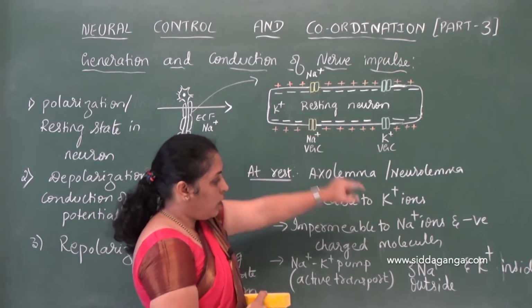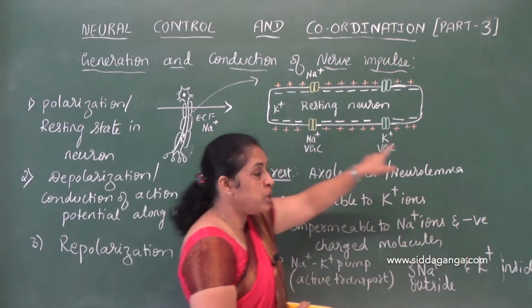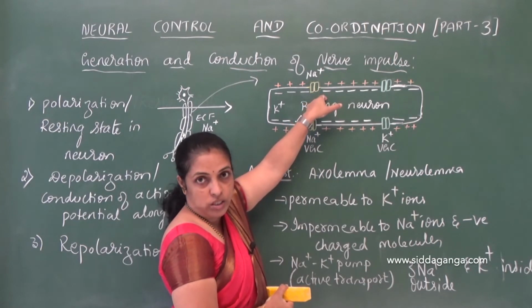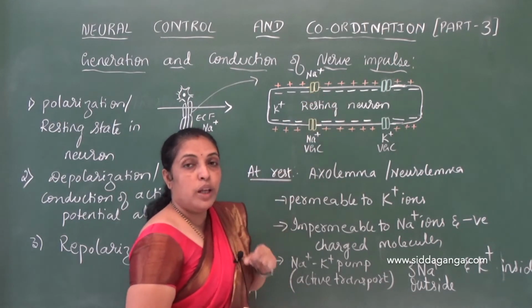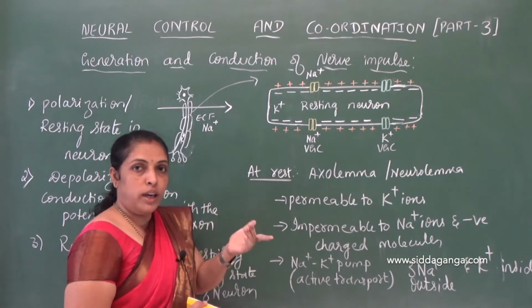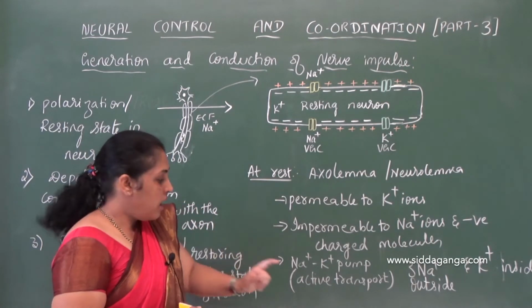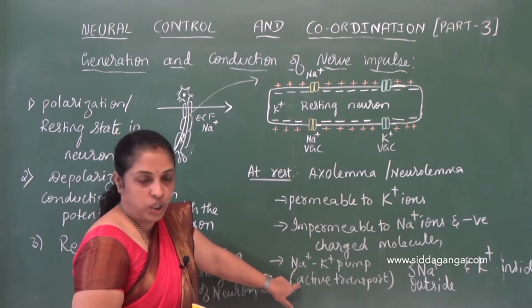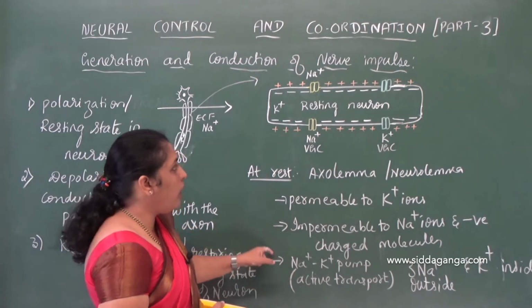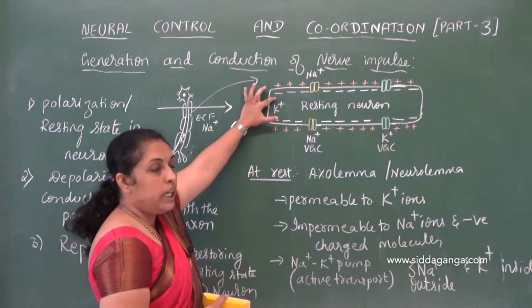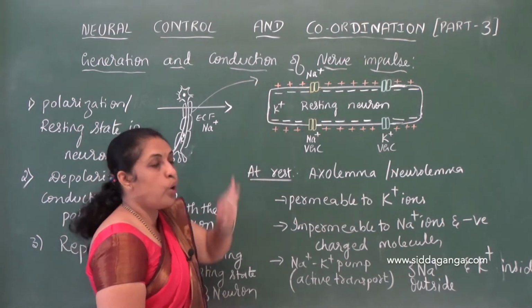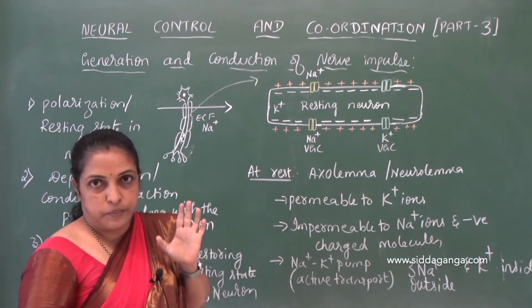In turn, 2 potassium ions enter, moving from lower to higher concentration. When they move from lower to higher, they require energy. That's why it is active transport. This all helps to maintain negative charge inside and positive charge outside when neurons are at rest.